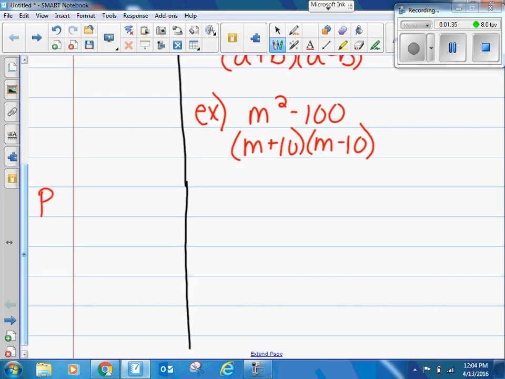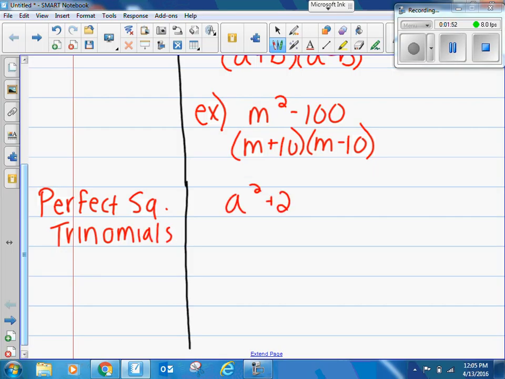We have the perfect square trinomials. There's two of them, one with a positive and one with negative. So that's where you have a squared plus 2ab plus b squared.